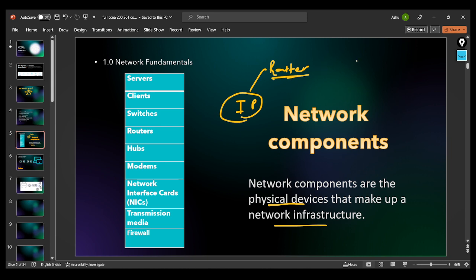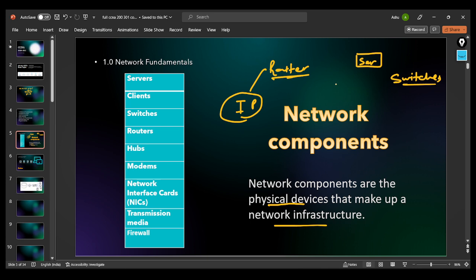If you go to an office, you will see the server room. There may be server rooms, there may be switches. So we should follow this type of connectivity and try to understand what networking is. Go to the office and check where the server room is, where the switches are, where the router is, and why it works.